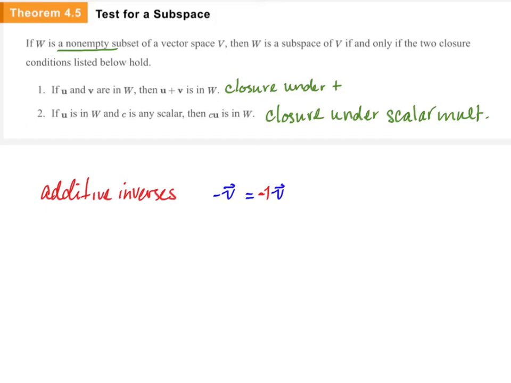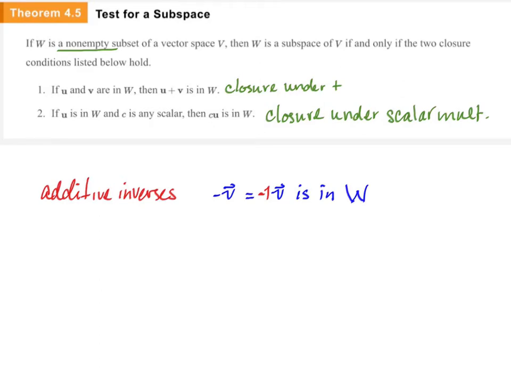So you're going to prove that. So we know that's true of all vector spaces. So if we know we have a subspace, we know it's closed under scalar multiplication. So we get additive inverses for free, because we know it's closed under scalar multiplication, so it's got to have additive inverses.